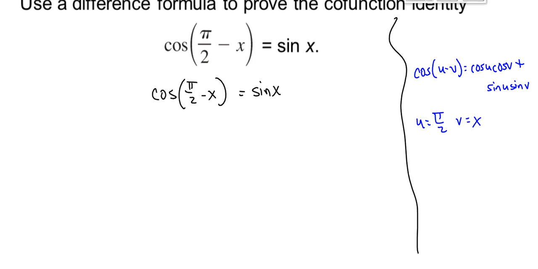So this is going to be cosine pi over 2 cosine x plus sine pi over 2 sine x, and I'll just keep writing my equal sign.